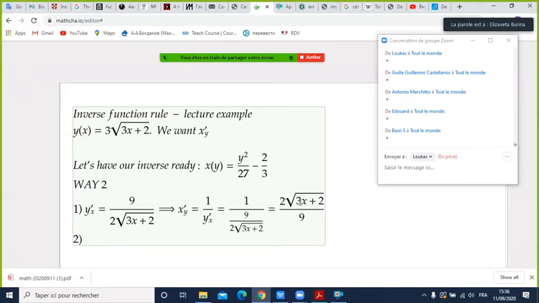We are going to substitute this, so replace x with its expression in terms of y. Okay, so now we don't actually know yet the real answer, so we're just trying to use the inverse function rule step by step, and then we will prove that it's actually the same thing.